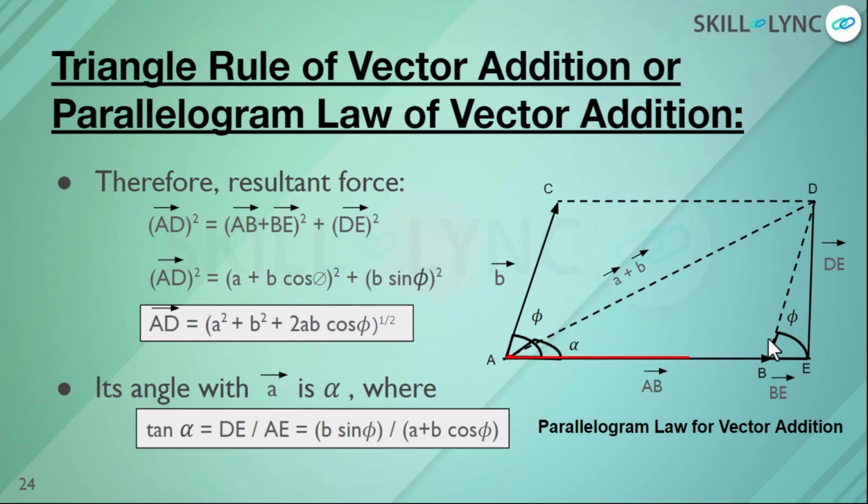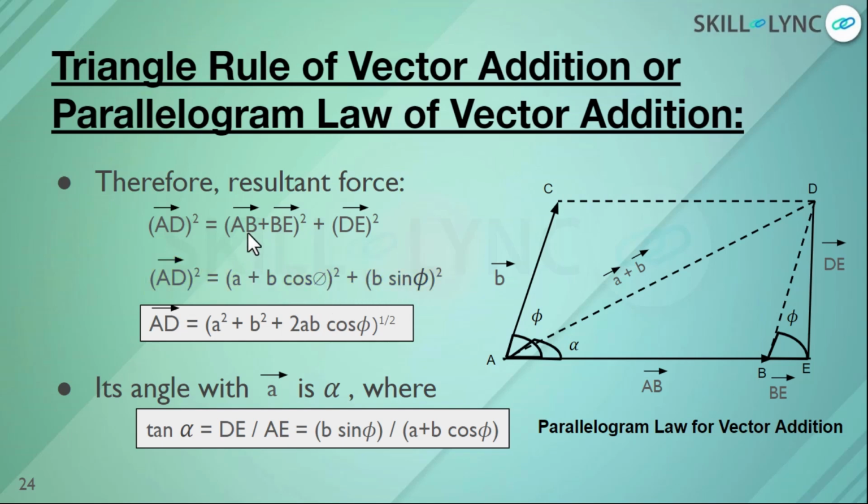Vector AB is the force acting in the horizontal direction on object A. Vector B is here. Vector DE is here. So, getting back to the formula, vector AD squared can be written as (A plus B cos phi) whole squared plus (B sin phi) whole squared.